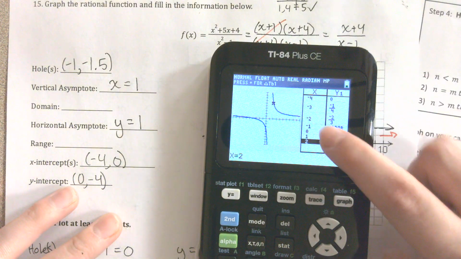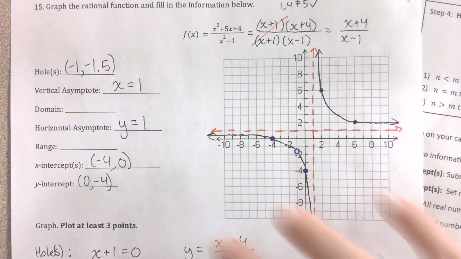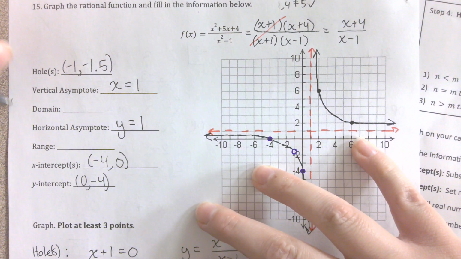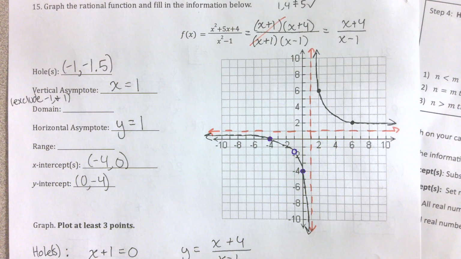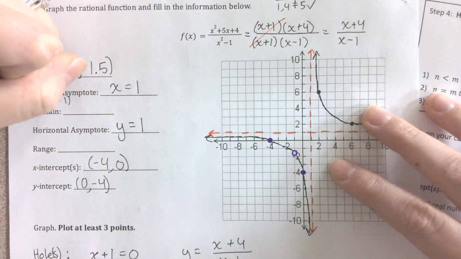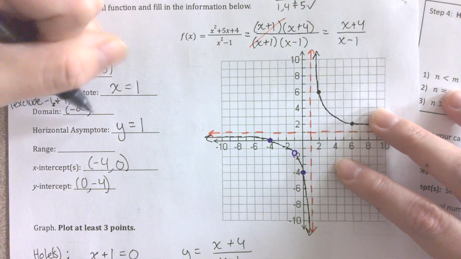So when we write our domain, we need to exclude -1 and 1. Let's write that. We have negative infinity up to -1.